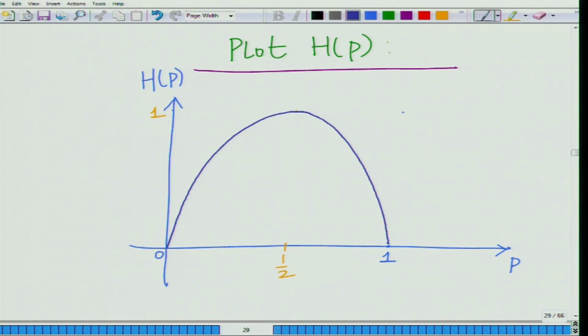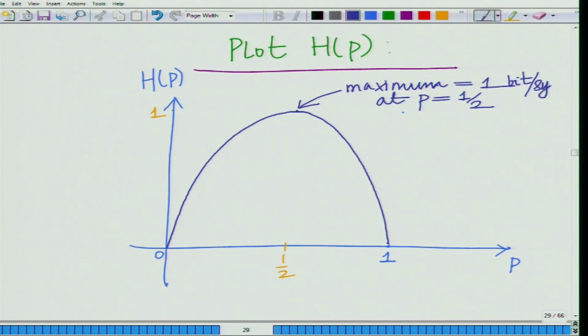Okay, so at half it reaches its maximum, that is maximum equal to 1 at p equal to half. This implies that here this is in fact 1 bit per symbol, correct?